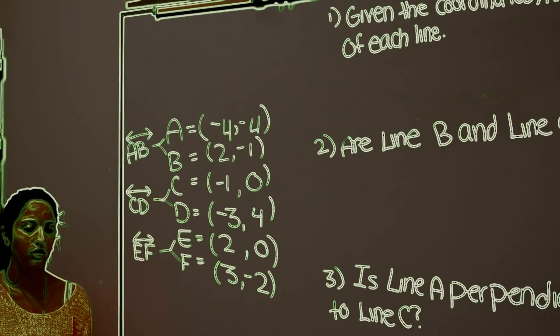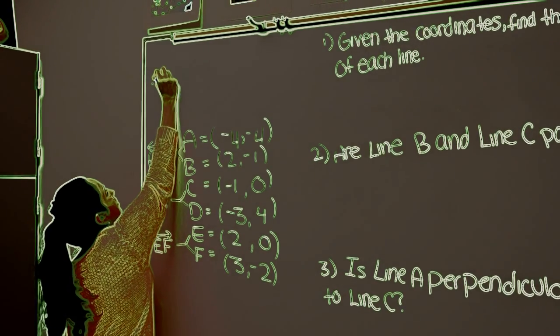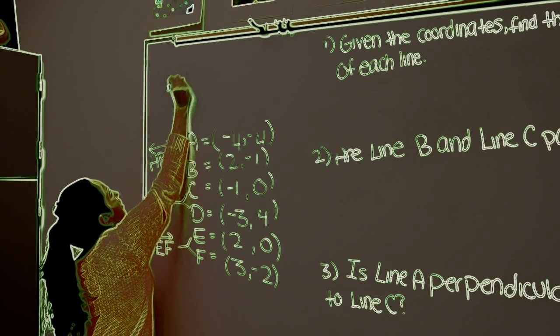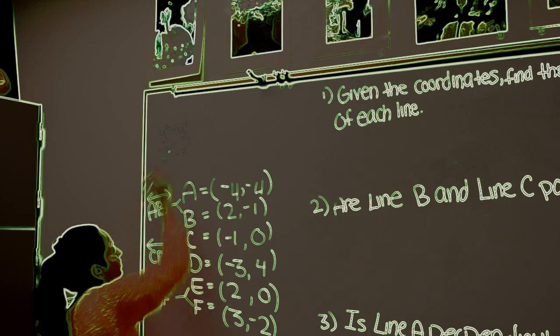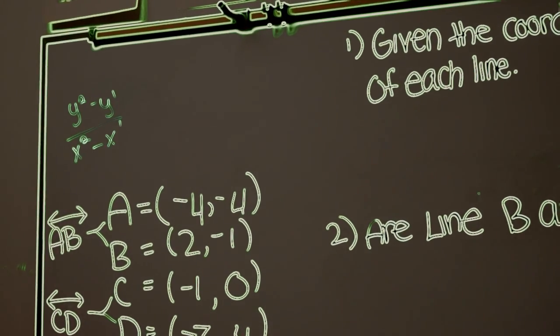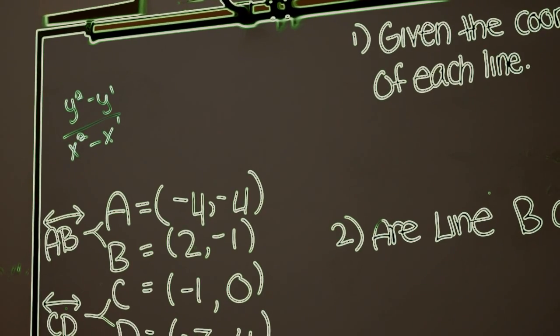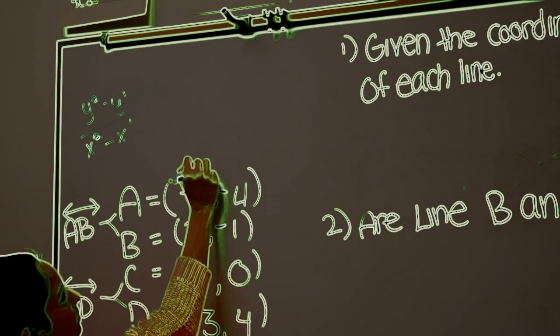First we'll start with AB. To do this we have to write down the equation for finding slope, which is y2 minus y1 over x2 minus x1. We'll label these to plug them in.